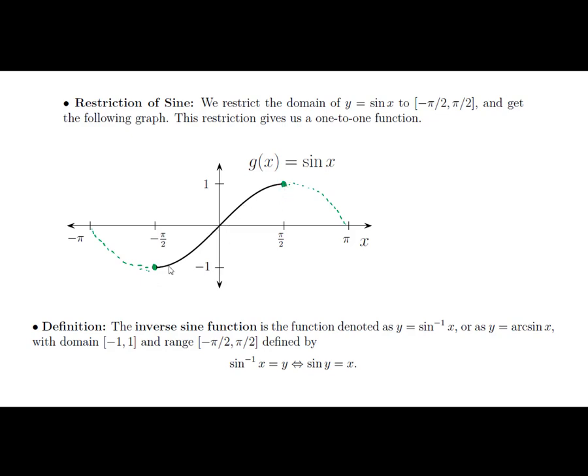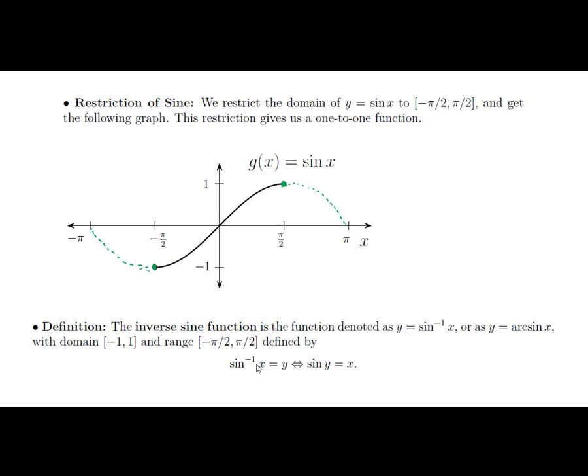So in other words, I have encompassed all the possible y's that I could get as a result of taking the sine of any particular x value within this interval. I won't miss out on any y values by doing this, but now this restricted function is one-to-one.